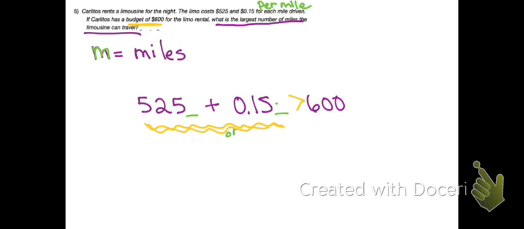And if so, is it okay if it's equal to $600? So again, you need to finish writing this inequality and figure out where does the M go, here or here? And what symbol are you going to put here? What inequality symbol? And then I want you to solve it.